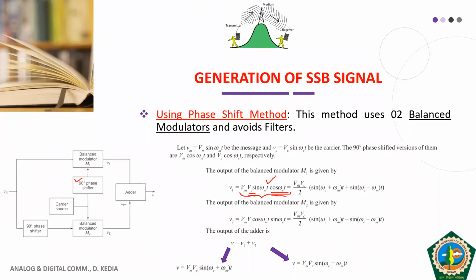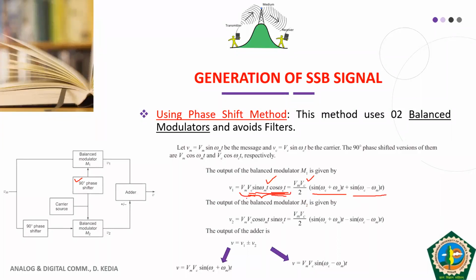Now we know the trigonometric relation. Vm and Vc are constants, so the term sine omega mt cos omega ct can be treated as sine A cos B, which gives us 1 by 2 sine of A plus B plus sine of A minus B. If we apply that trigonometric identity, we get Vm Vc by 2 outside, and inside we have sine of omega c plus omega m t and sine of omega c minus omega m t.